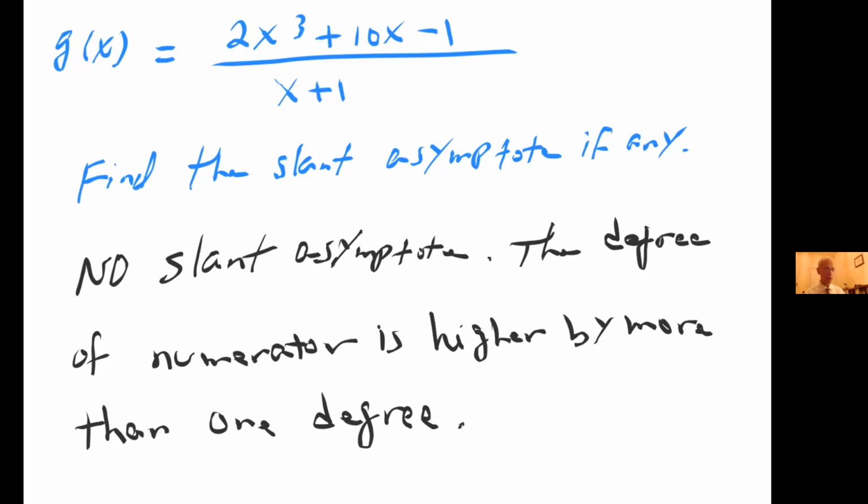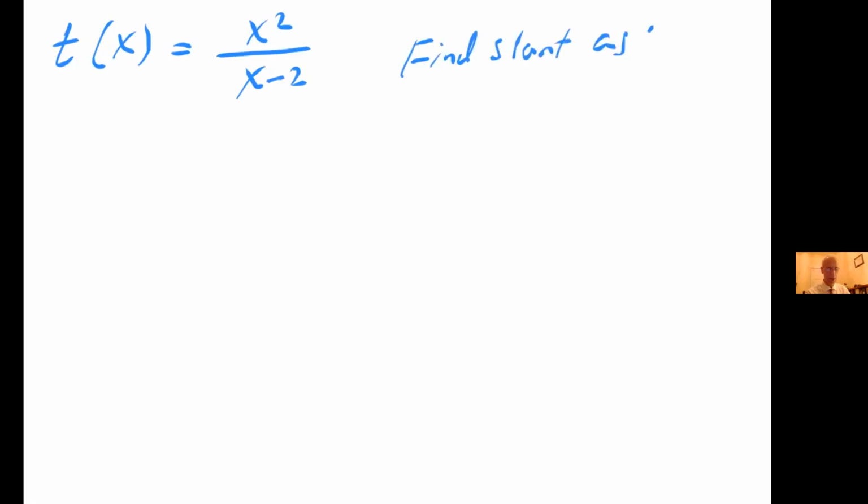Okay, cool. Let's do another example. Suppose I have t as a function of x equals x squared over x minus 2, and find the slant asymptote.